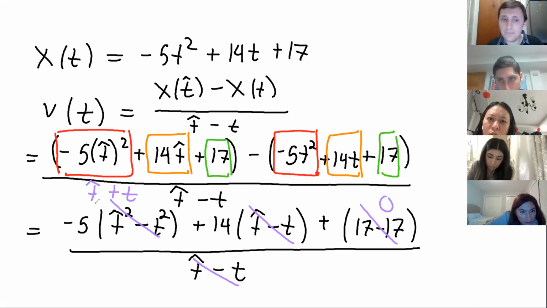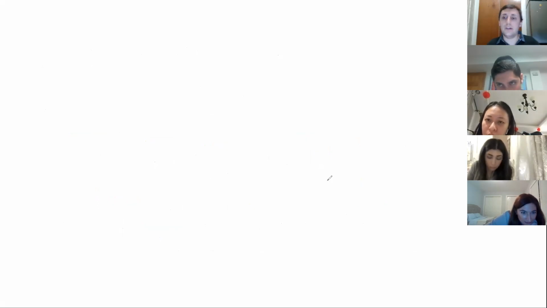You see it? Someone asks about canceling one t hat minus t against another. Because it's the same, t hat minus t over t hat minus t is 1, so he's crossing it out. Oh, okay, sorry. Let me be careful. I'll do it slower in case you have problems with it.